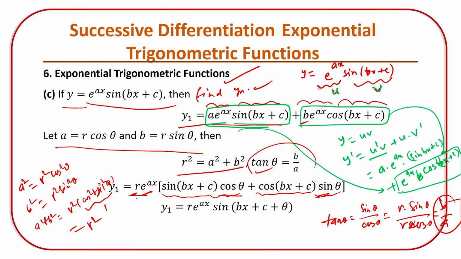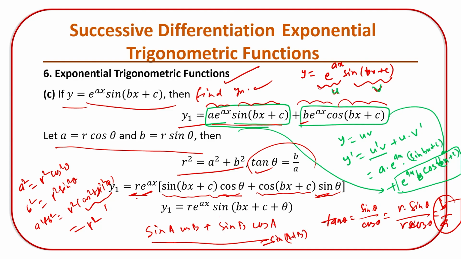Now use the identity sin a cos b plus cos a sin b, right? Sin a cos b plus cos a sin b will give you sin of a plus b.